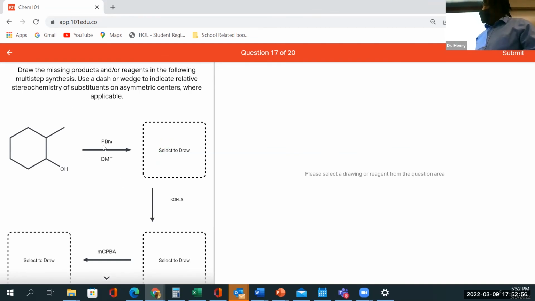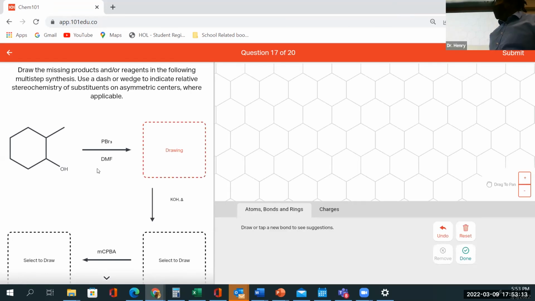So what's going to happen here? We saw this earlier. Okay. So DMF is going to be a catalyst, so we're not going to worry about that. But the phosphorus tribromide is going to be our beast, right?